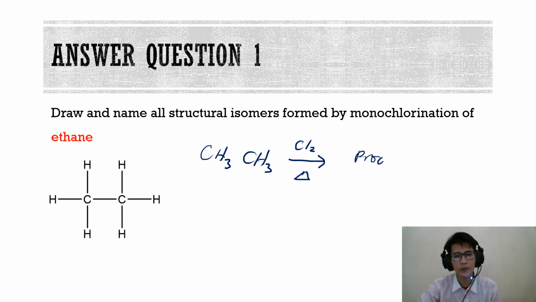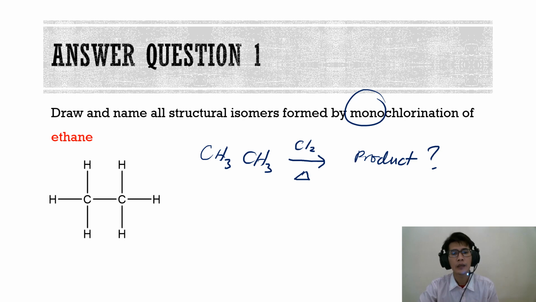Okay, what is the product? Actually, the halogenation of the alkane is replacing the hydrogen atom with the halogen. Since in your syllabus you just learn about mono halogenation, in this case monochlorination, you want to replace the hydrogen with a chlorine atom, and mono means you just replace one of the hydrogens, not more than one.